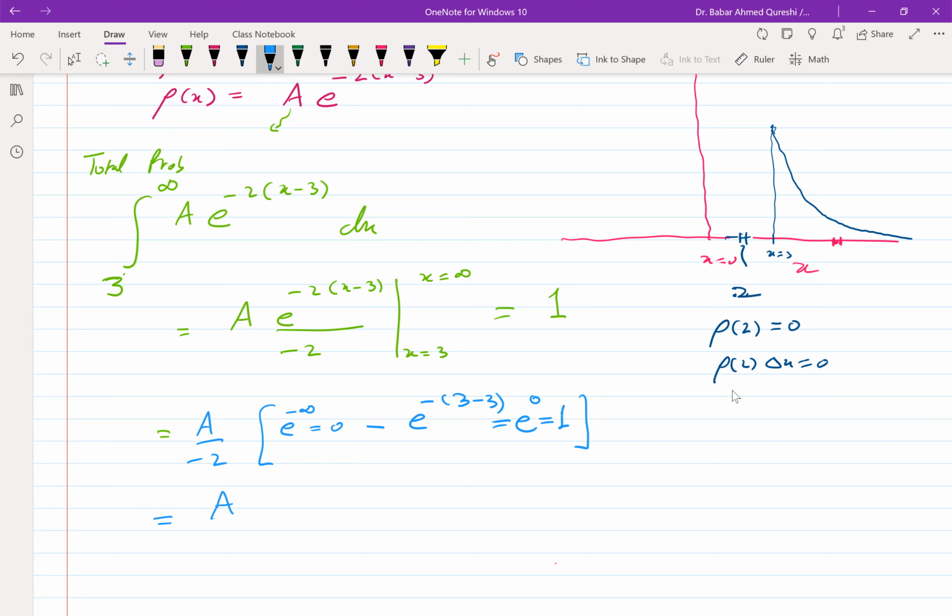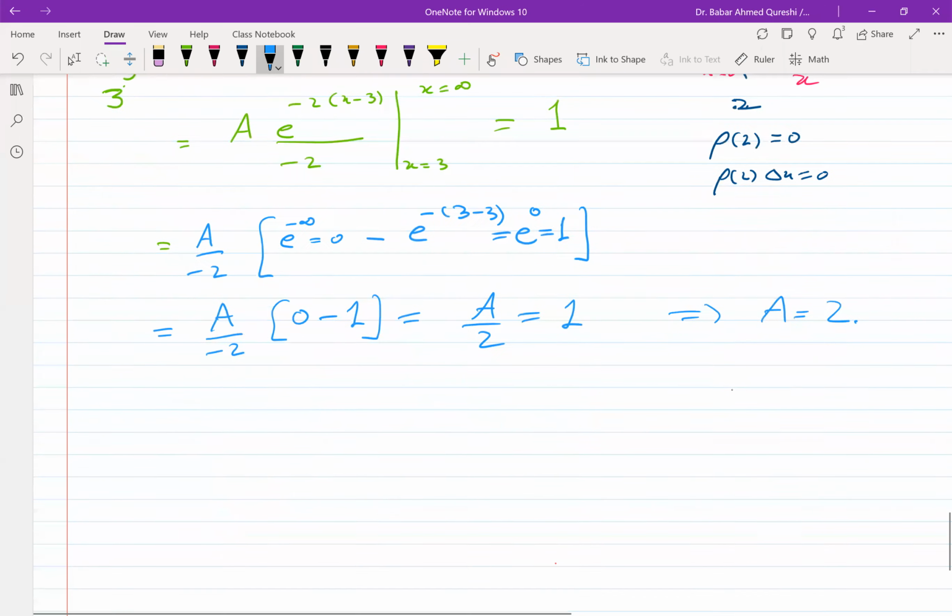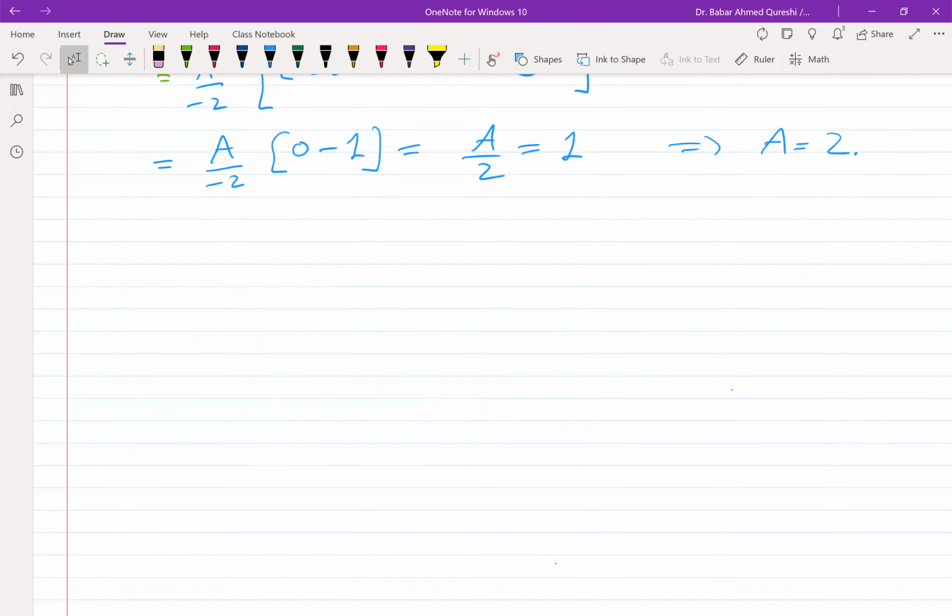So you are doing A over minus 2, 0 minus 1, which gives you A over 2 equal to 1. That means A must be selected as 2. So my probability distribution will take this form: 0 if x is less than 3, and 2 times the exponential if x is greater than 3.